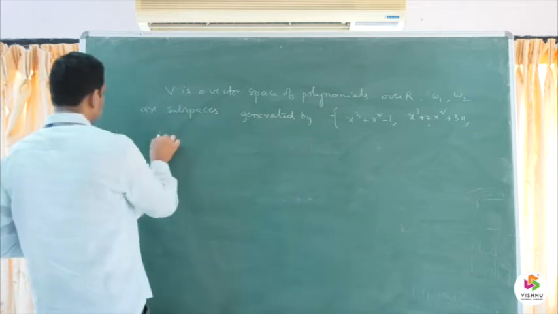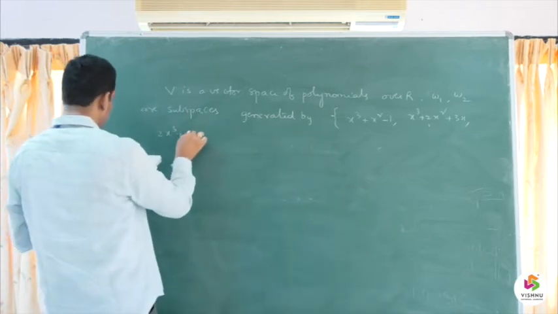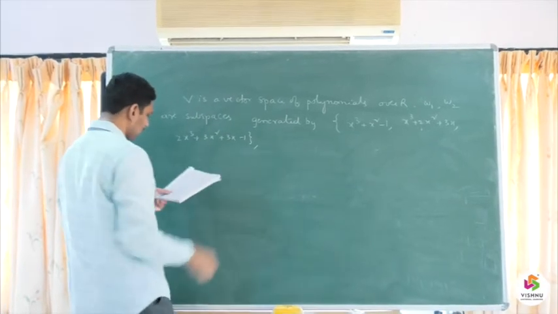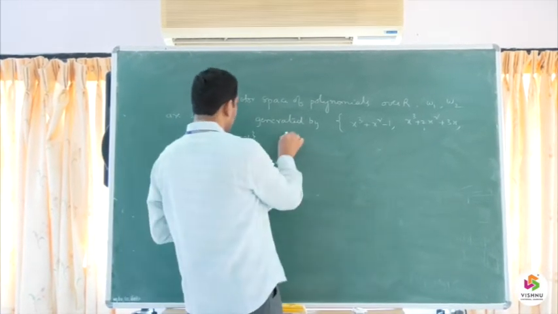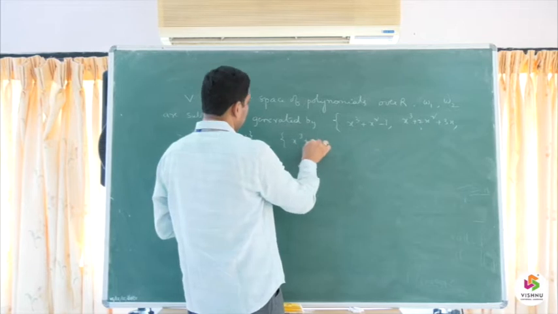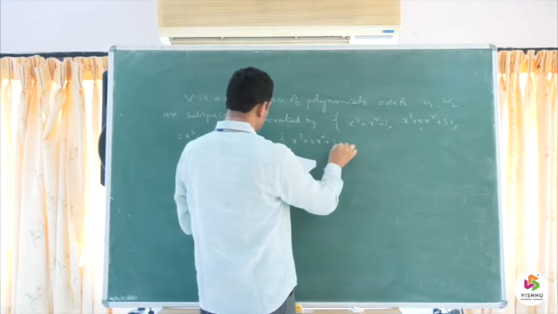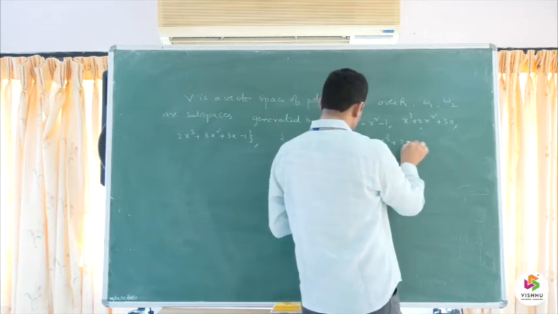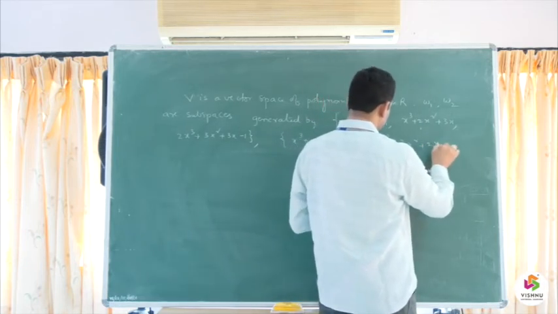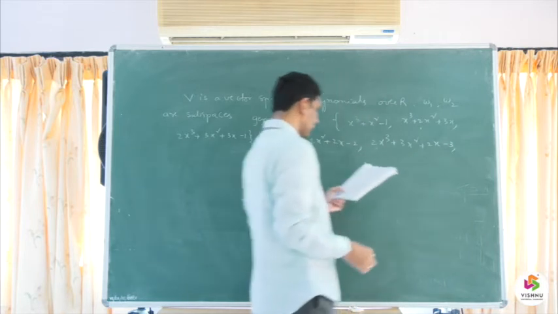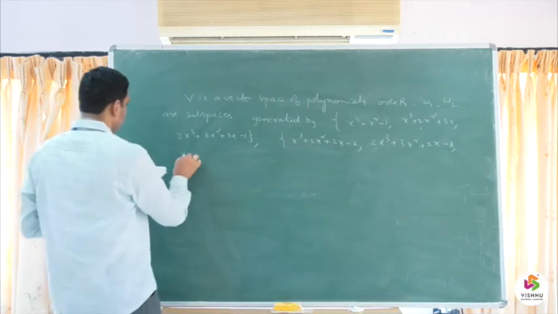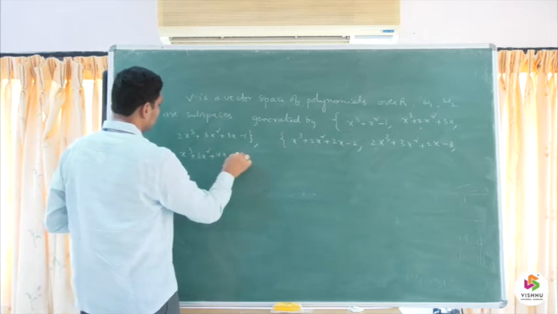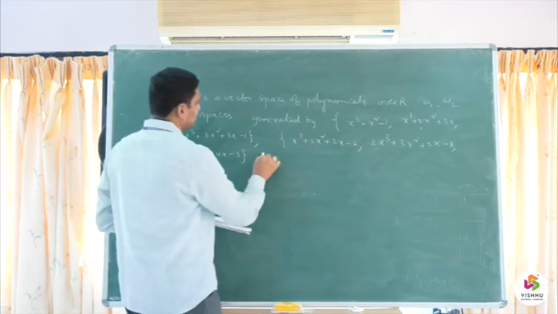then 2x cube plus 3x square plus 3x minus 1, and the other set is given by x cube plus 2x square plus 2x minus 2, 2x cube plus 3x square plus 2x minus 3, and x cube plus 3x square plus 4x minus 3, respectively.